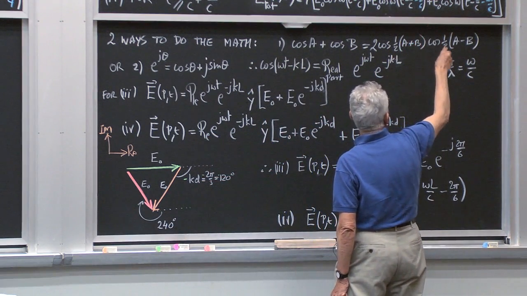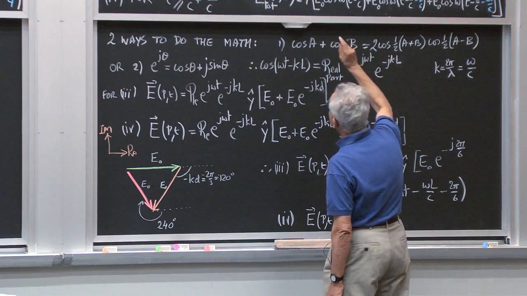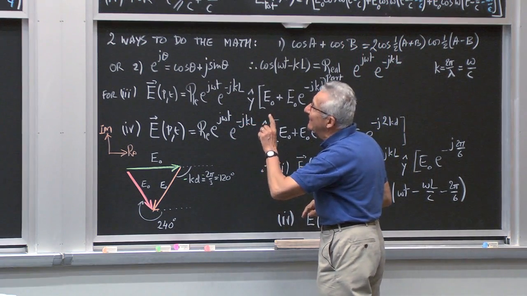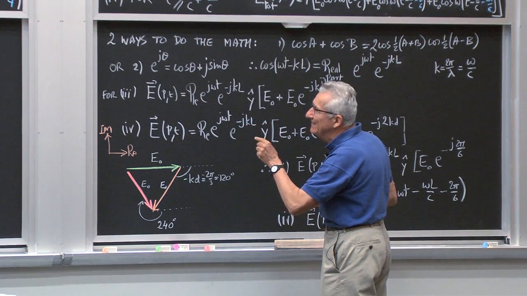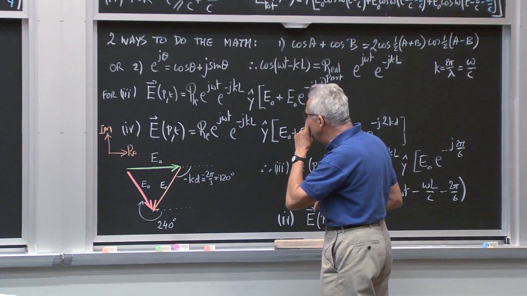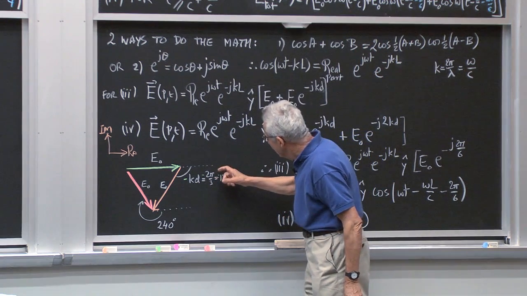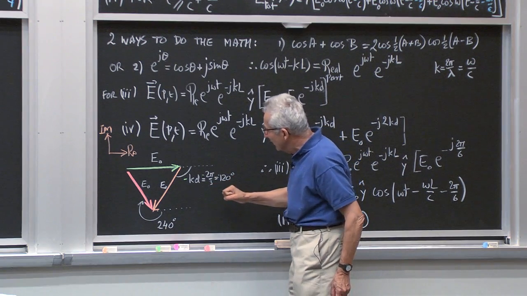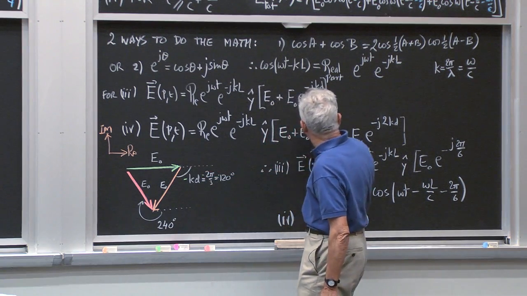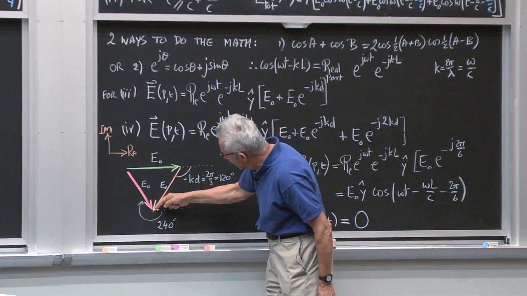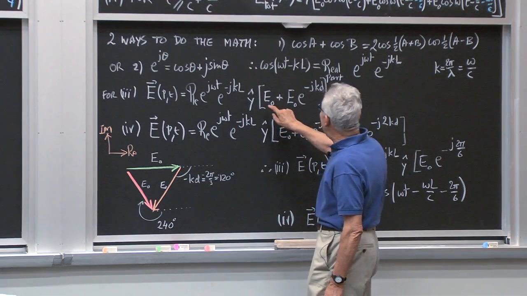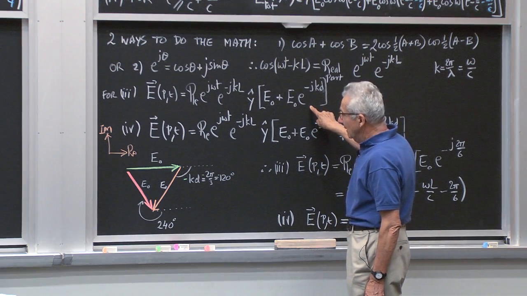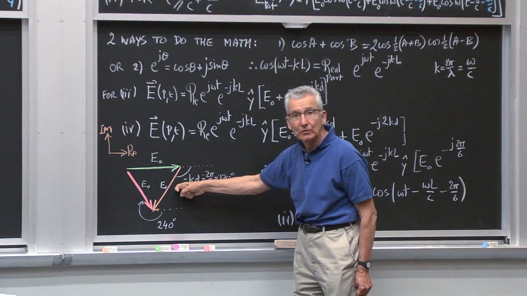Okay? So kd, we found, with the distance between the charges of d, kd is 2 pi over 3, which is 120 degrees. So this term is a vector like that. And we have to add those two vectors. Well, this is easy to do.